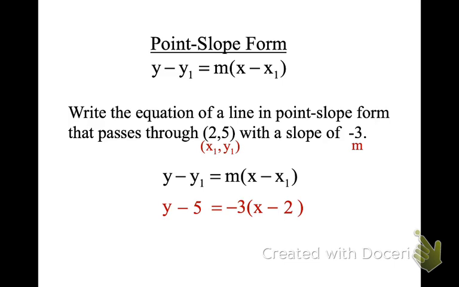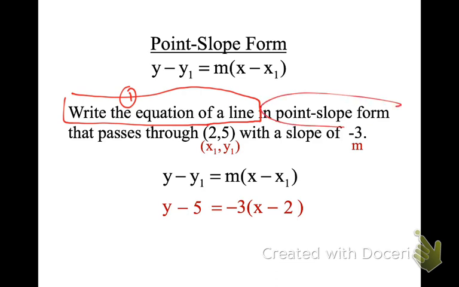And there we have it. They asked me how to write the equation of a line, and how did they want it? They want it in point slope. So I am done. That's all there is to it.